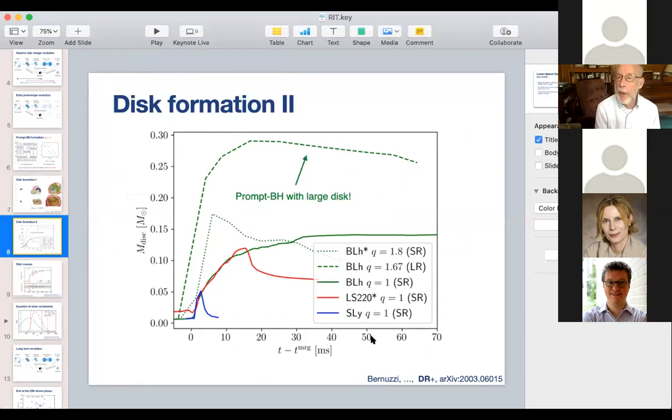My question is, you show quite a large contrast between two different equations of state. And the previous question and answer indicated that there could also be interesting finite temperature effects. So for equations of state that lie within the range consistent with the waveforms, how much play is there in the predicted disk mass for otherwise fixed properties?